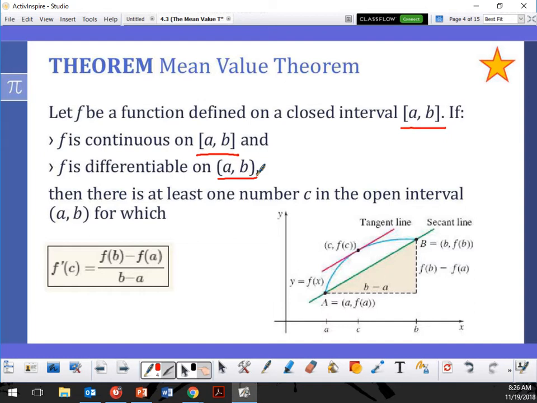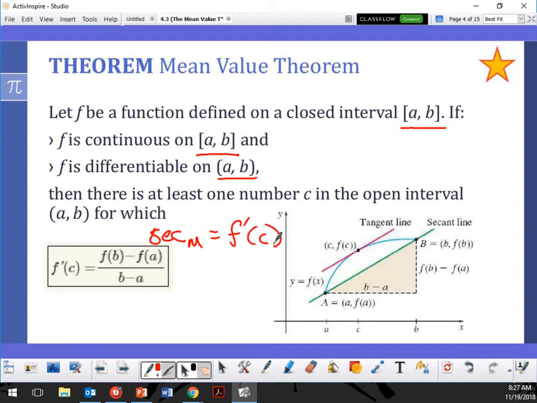Okay, what does mean besides math teachers? Average. So it's the average value. So it's basically that my secant line, we're just finding the slopes on the interval. The slope of the secant line should be equal to my f prime of c.